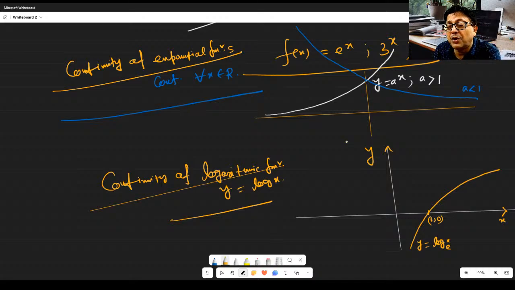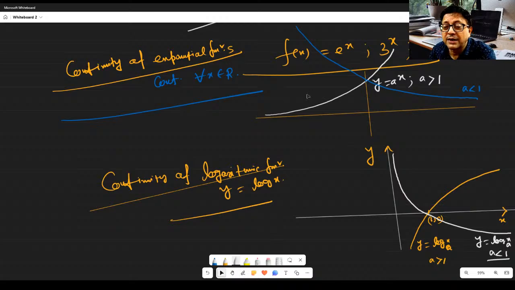Similarly, this is true for all bases where a is greater than 1. But if a is less than 1, the graph will be like this. This is the y equal to log x base a graph when a is less than 1.